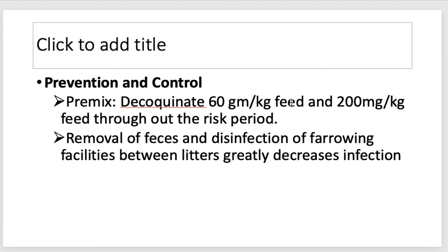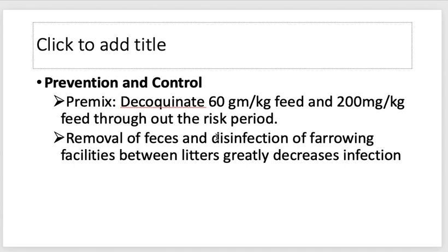If the food is to be eaten once, you use 60 grams per kilogram. If you want it eaten over a given period of time, you use 200 milligrams in the overall feed.